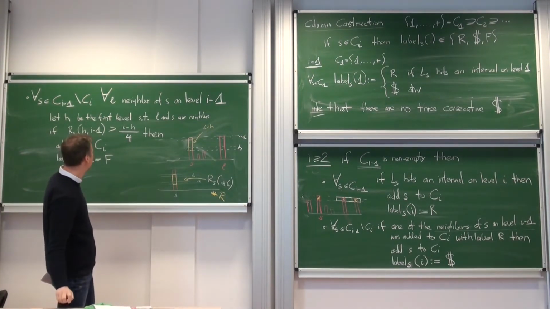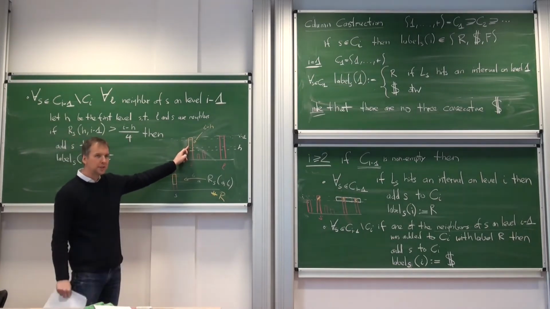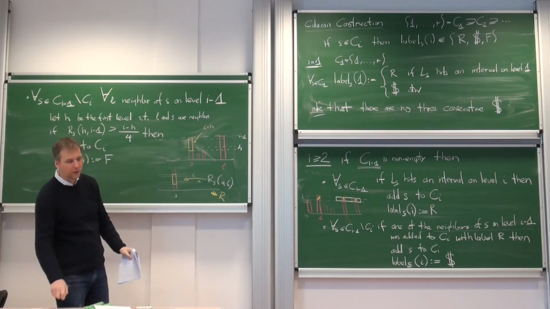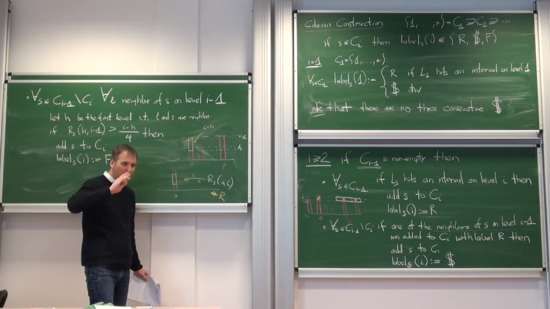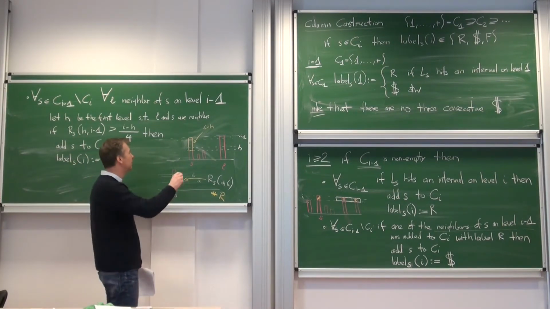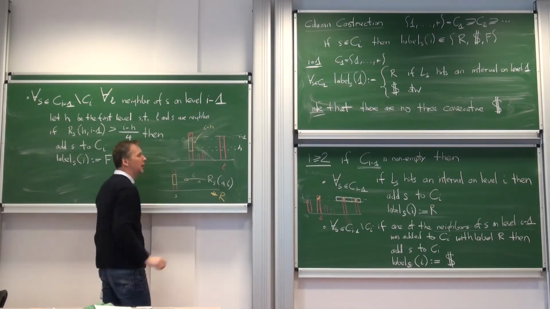And if more than a quarter of these cells are R's, then we say, okay, S is rigid enough, it won't collapse, let it grow. And you put F on top of it, and you get into level I.